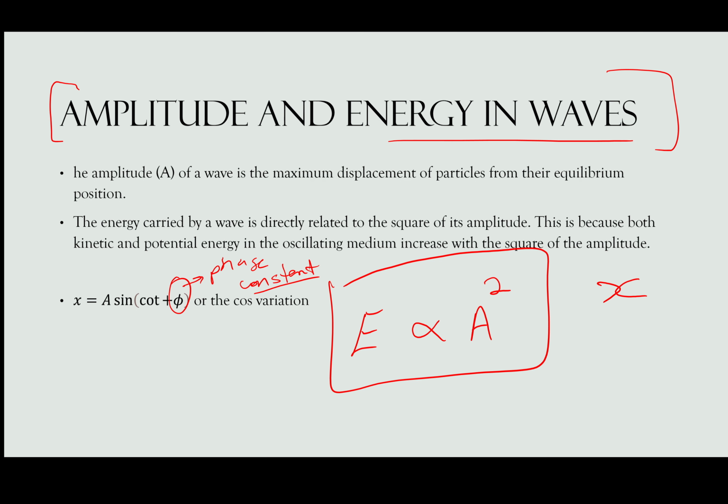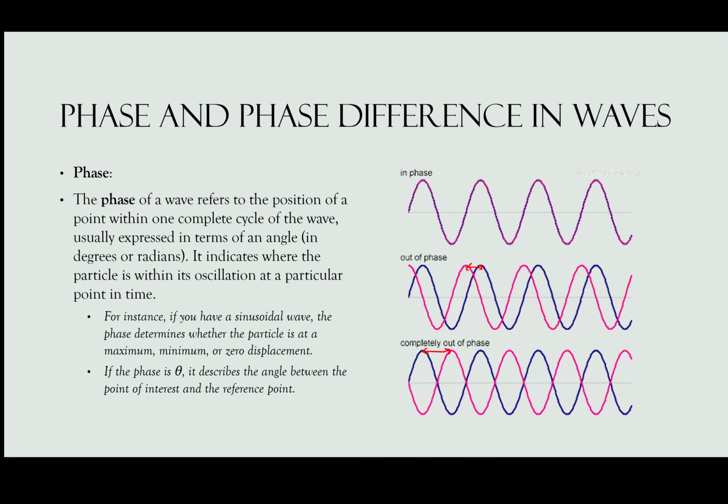Okay, so I'm going to give you exactly what the phase constant does, but I know that phase constant is not used in the syllabus, but do you still want to write it? So the phase constant is a value that describes the phase of a wave. It has multiple meanings, but we just have that.